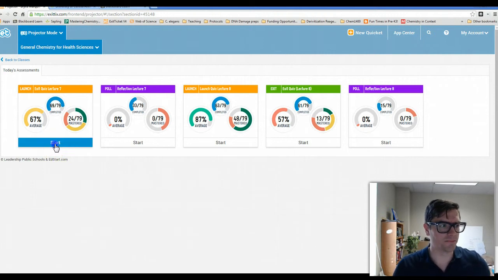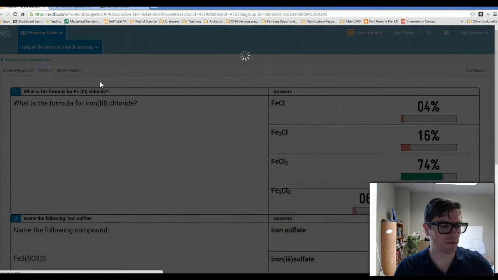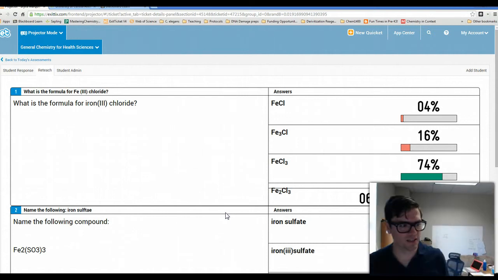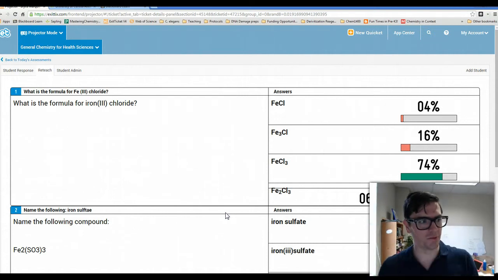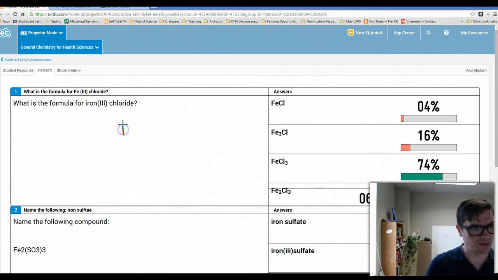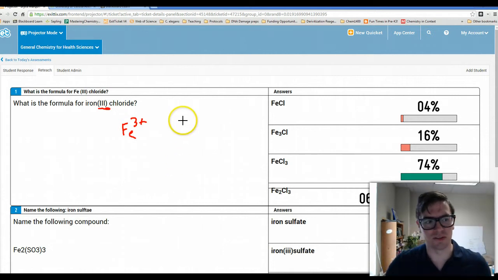All right, so this was our quiz from Wednesday, and the first question, it looked like most people got this one right. First question was, what is the formula for iron chloride? Based on this Roman numeral 3, it's telling us that iron has a 3+ charge.